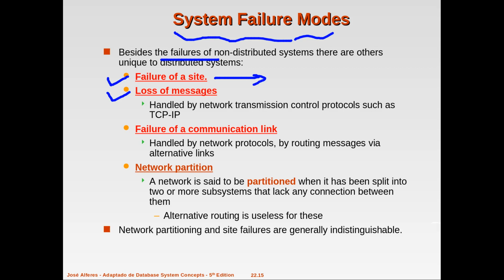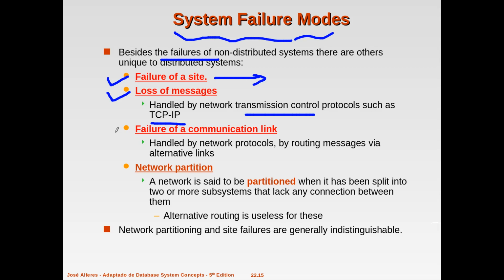It is because of loss of messages in between. Normally this loss of messages will be handled by the TCP protocols associated with the network. So TCP will manage the transfer and the assurance of message delivery to the destination site.